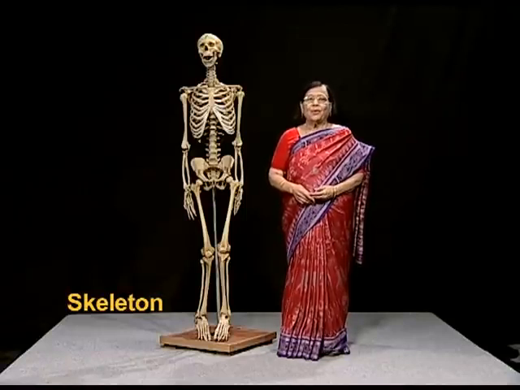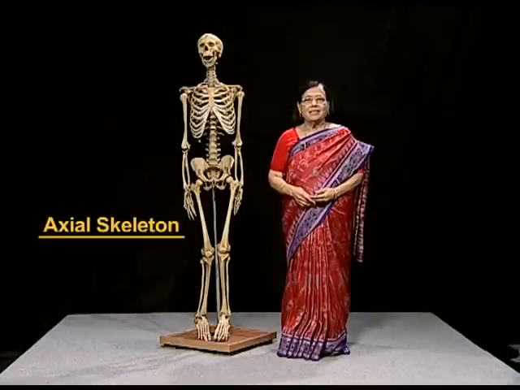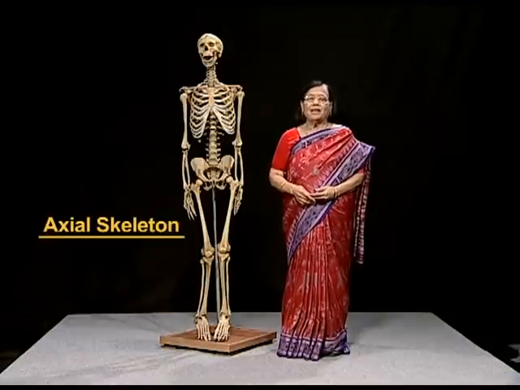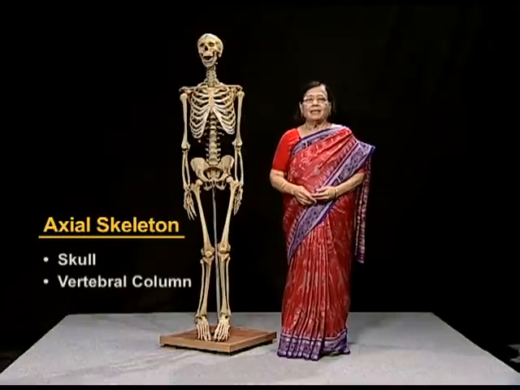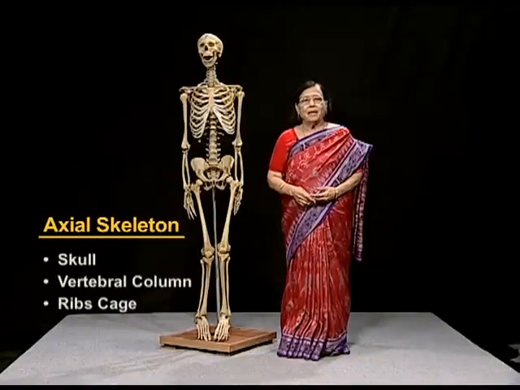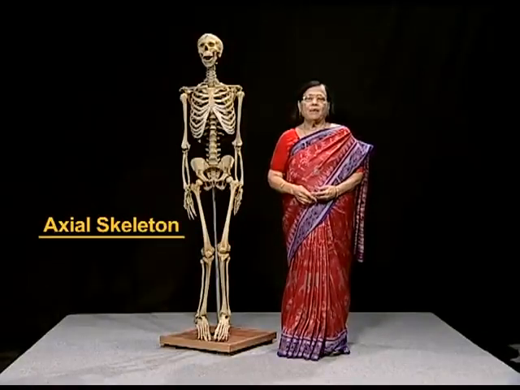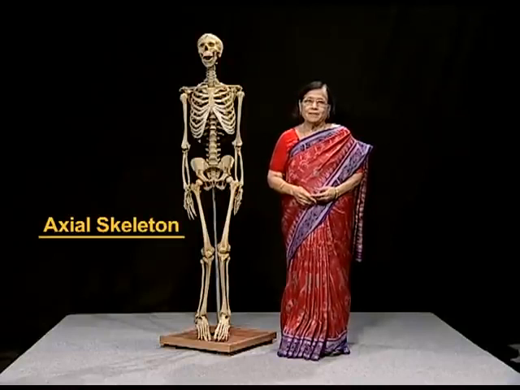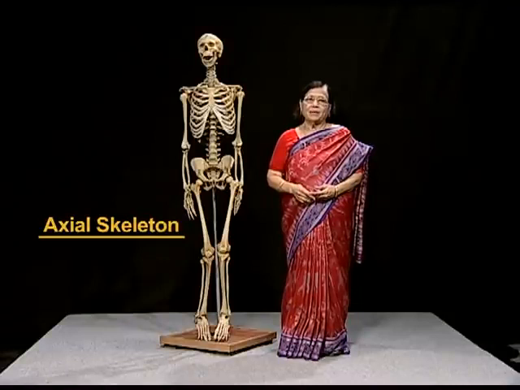As you know, in the skeleton there are two main divisions: the axial skeleton, in which come the skull, the vertebral column and the rib cage. As the name indicates, axial means axis, it makes the axis of the body, and that is our head, our chest and the vertebral column.